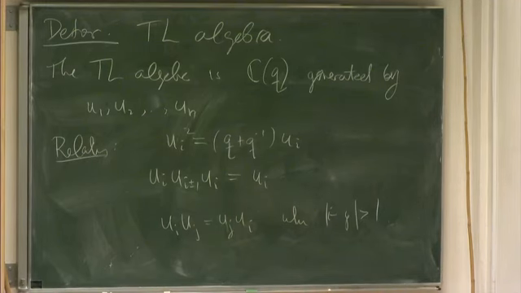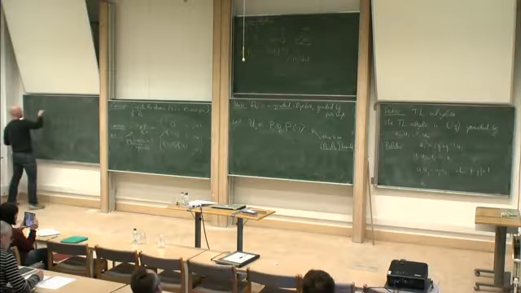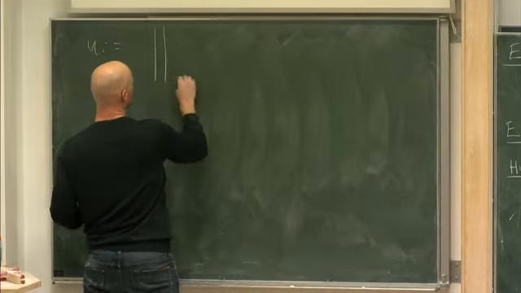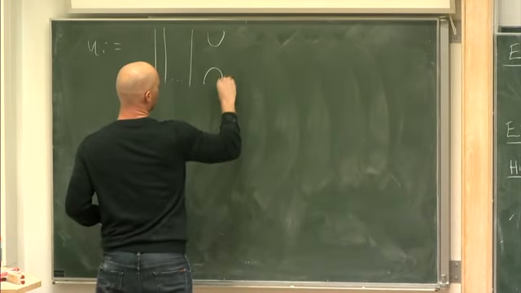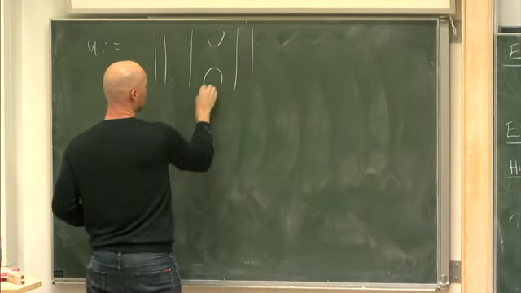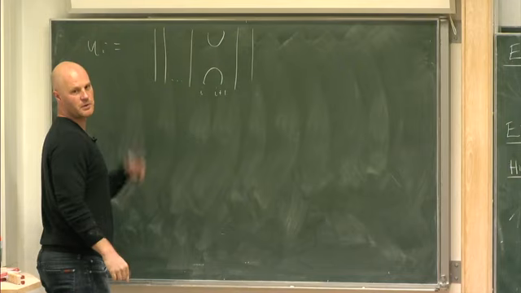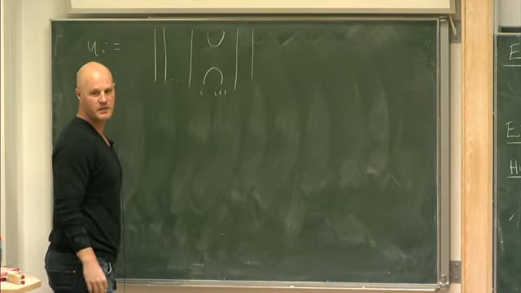And the Temperley-Lieb algebra has a nice planar graphical description. So for u_i, you draw a picture which is straight lines for everything except i and i plus 1. And then you put a cap there. So this is what we draw for the generator u_i.